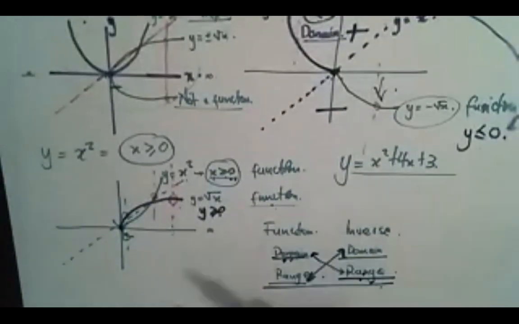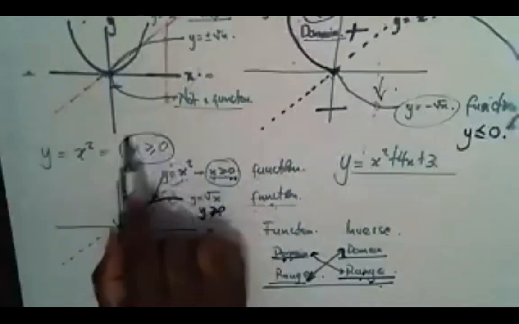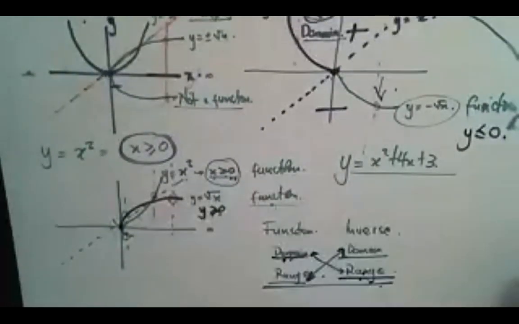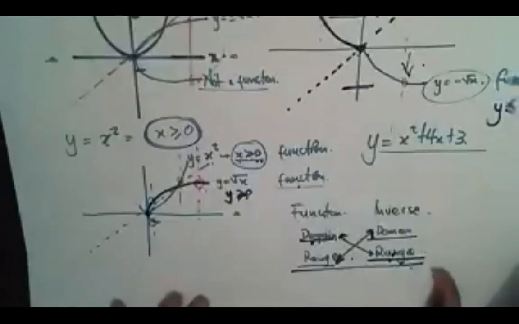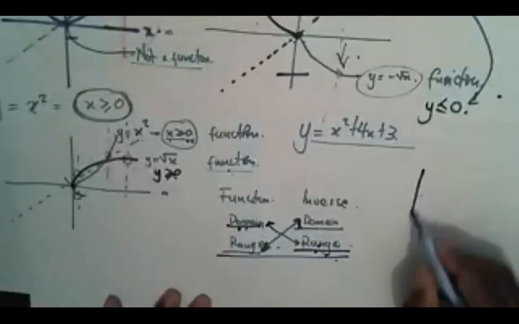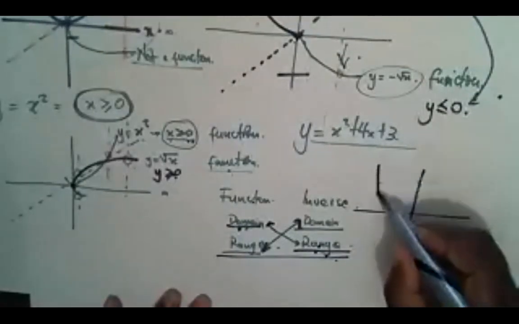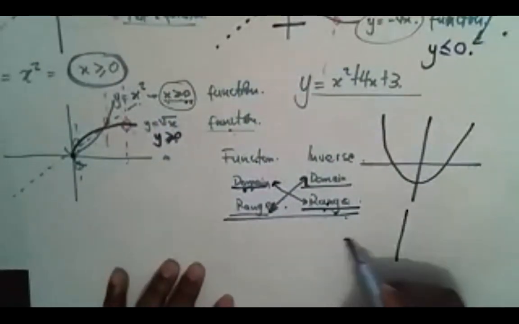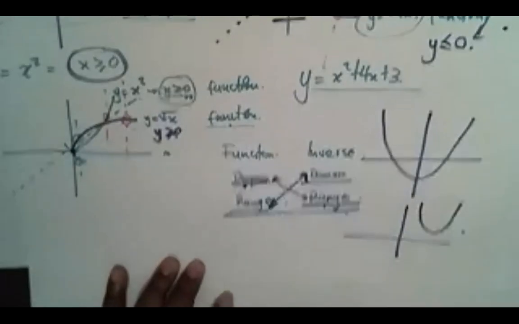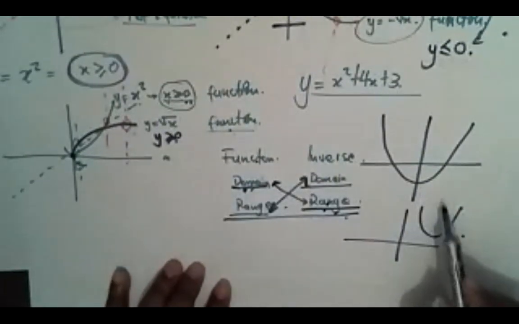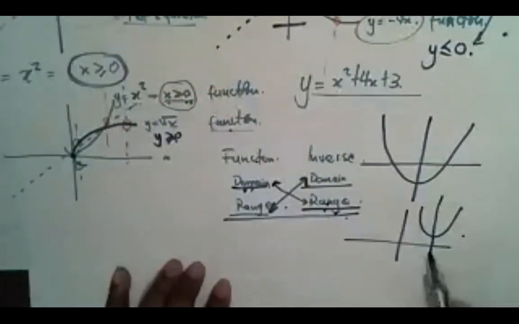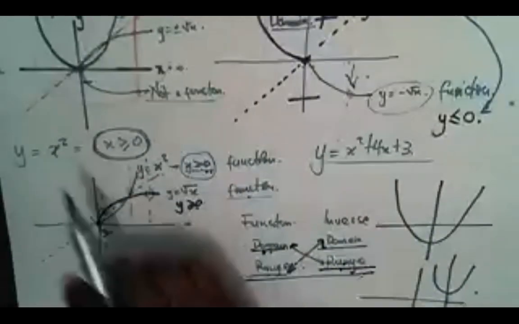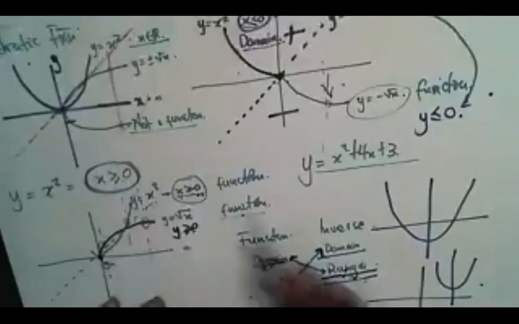We would want to know, why did we choose 0? What if our parabola is passing through this point? How do I know how to restrict my domain? What value should I put here?